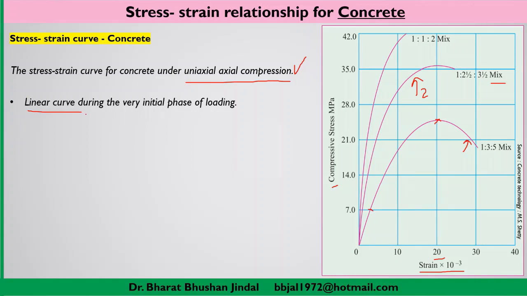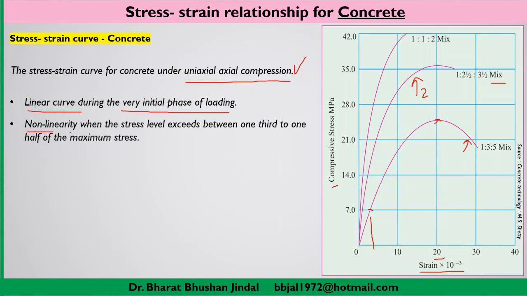So this is the linear part of the curve during the very initial phase of loading, where strain is approximately 5 into 10 raised to power minus 3, and the corresponding stress is 7 MPa. Similarly, from this graph we can analyze that when the strength of the concrete is increasing, correspondingly the relationship is changing.